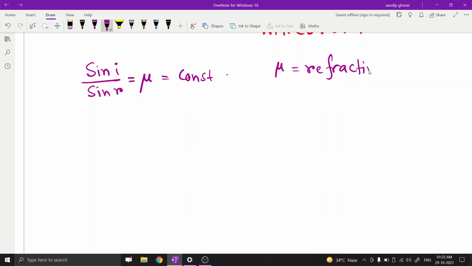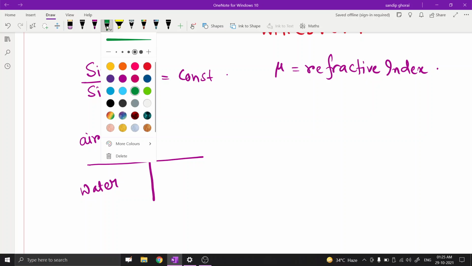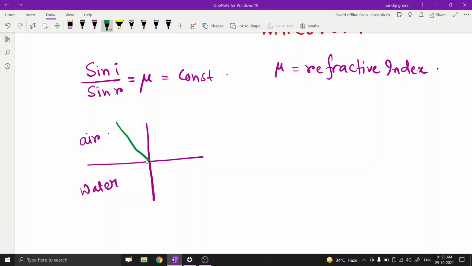Refractive index. If light travels from medium A to medium B, say the above medium is air and the below medium is water, and light enters from air to water, then this angle is i, the angle of incidence, and this is r, the angle of refraction.